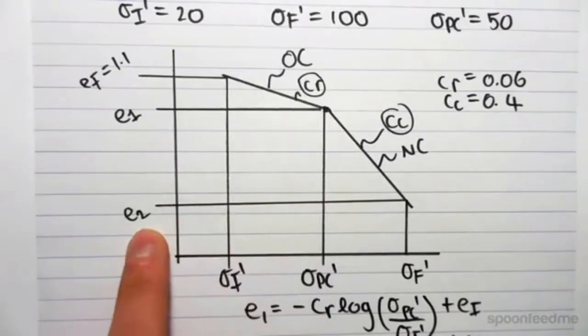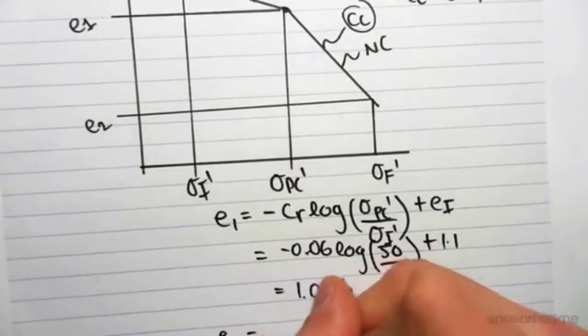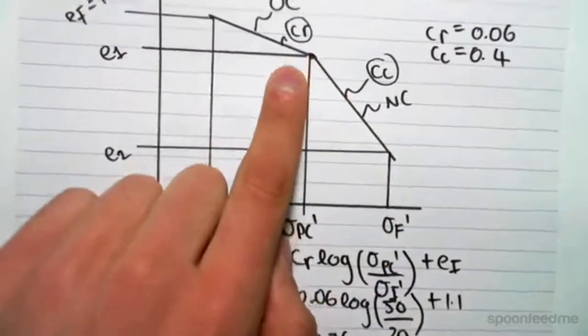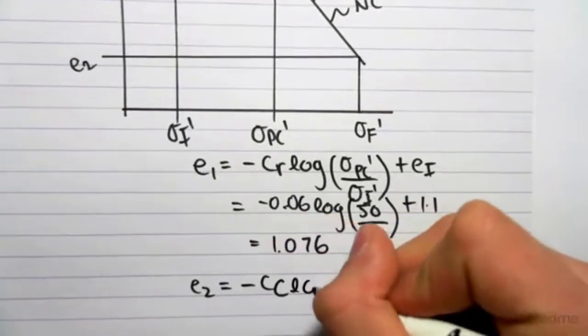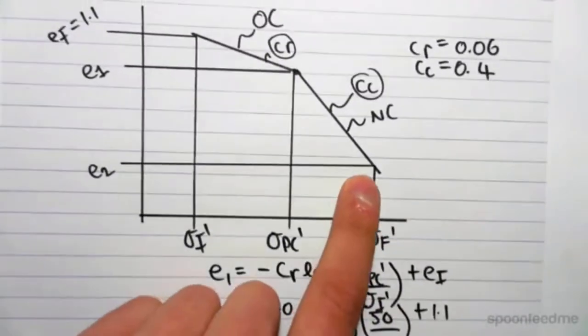Now we're going to have to find the void ratio at E2. E2 will equal minus C subscript C, because we're now on the normally consolidated line, C subscript C log. The final stress is sigma F dash.